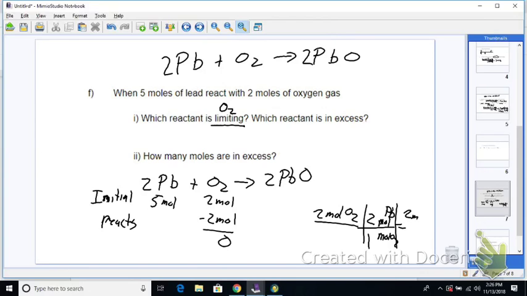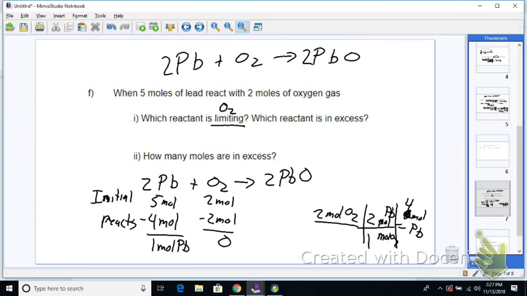You come out with 2 moles of Pb. Oh, I'm sorry, 4. So if we subtract 2 from there, how much do we have to subtract from lead? 4. If I use all 2 moles of this up, how much of the lead is used up? It'll tell you, and you subtract those 4. What do you have left over of lead? I got 1. 1 mole of lead left over.